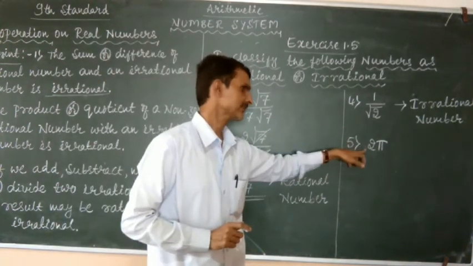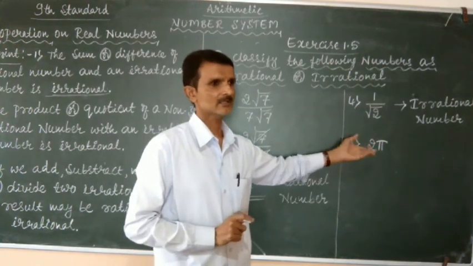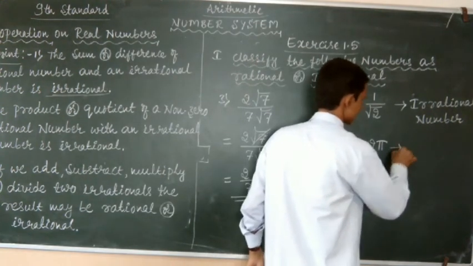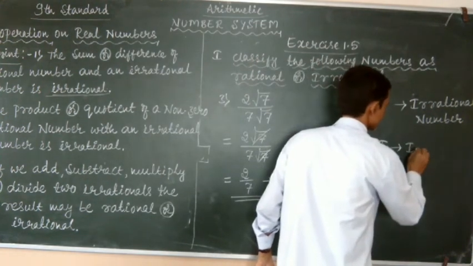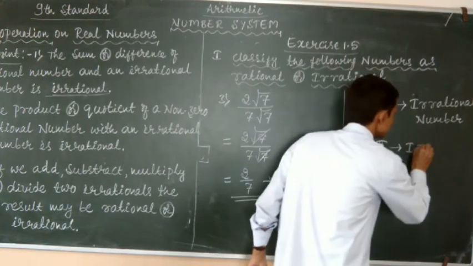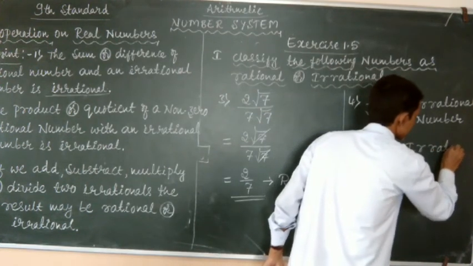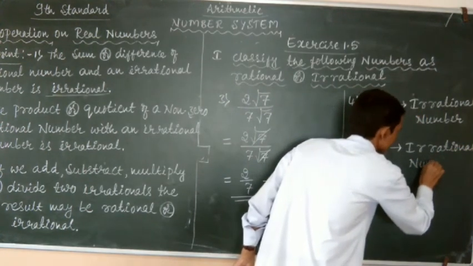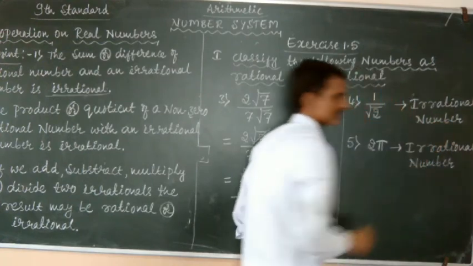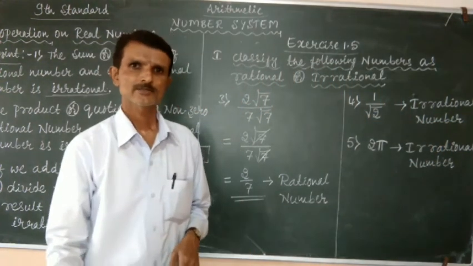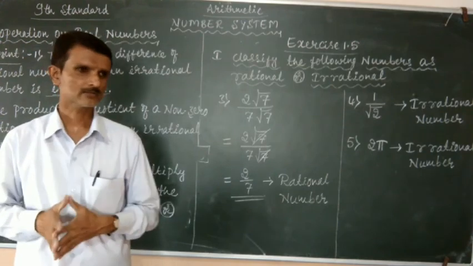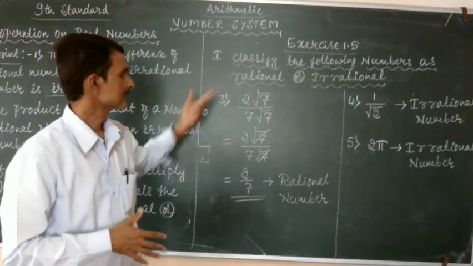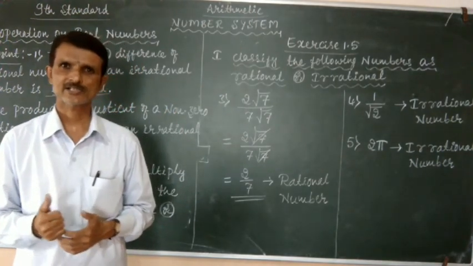Therefore 2 pi is an irrational number. I think students, you have learned how to classify the given numbers as rational and irrational numbers.